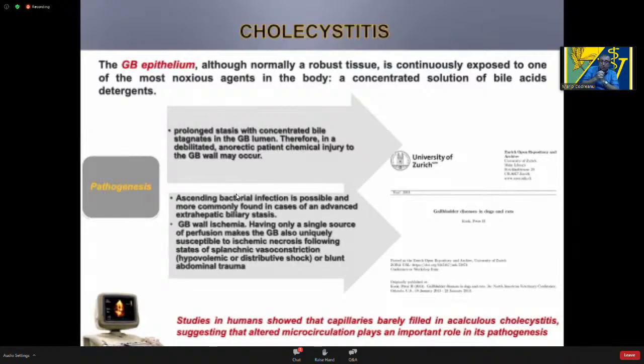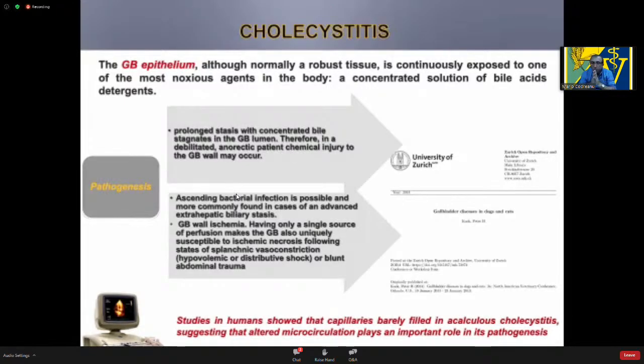Also, an important cause is the gallbladder wall ischemic condition, because having only a single blood source susceptible to ischemic necrosis following states of splanchnic vasoconstriction is enough to develop an important edema or an inflammatory condition at this level.